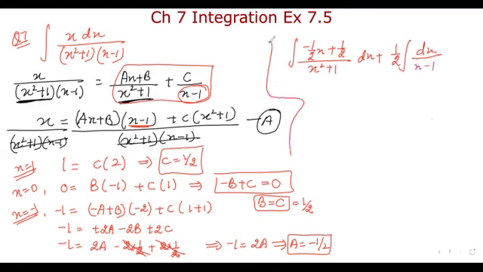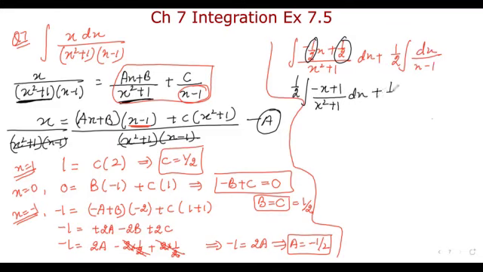So this is what we have here. Now minus half is common here. In fact, half is common. So this is minus x plus 1 upon x square plus 1 dx plus half integral dx upon x minus 1.